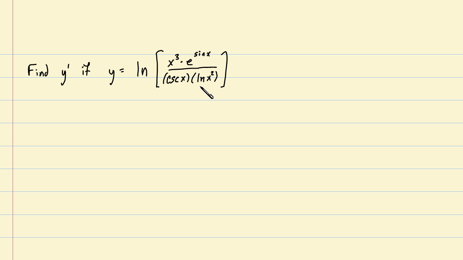But then I'll have to take the derivative of the inside, and that looks like that's going to involve the quotient rule. And of course, within the quotient rule, I'll have to take eventually the derivatives of the numerator and the denominator, and that looks like that's going to take in turn an application of the product rule for the numerator, and the product rule down here in the denominator, and then inside of both of those, we'll have some chain rules going on.